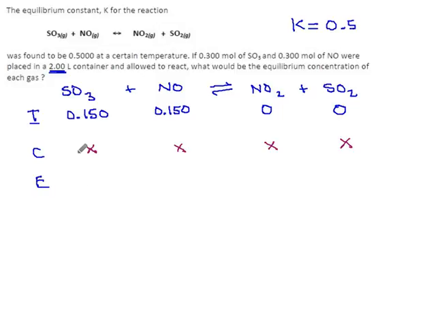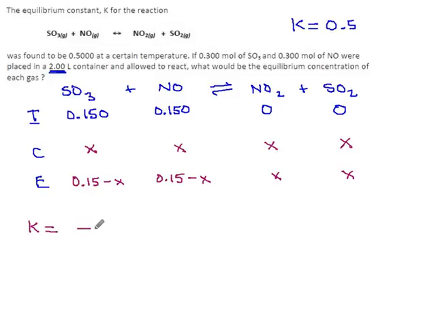Now, they're not going to be all that nice because they're going to have X's in them, but it's better than not knowing anything. For this, we have 0.15 minus X. And same for the nitrogen monoxide. Here we had nothing, and then we built up X, so our new total is X, and here 0 plus X is X again.